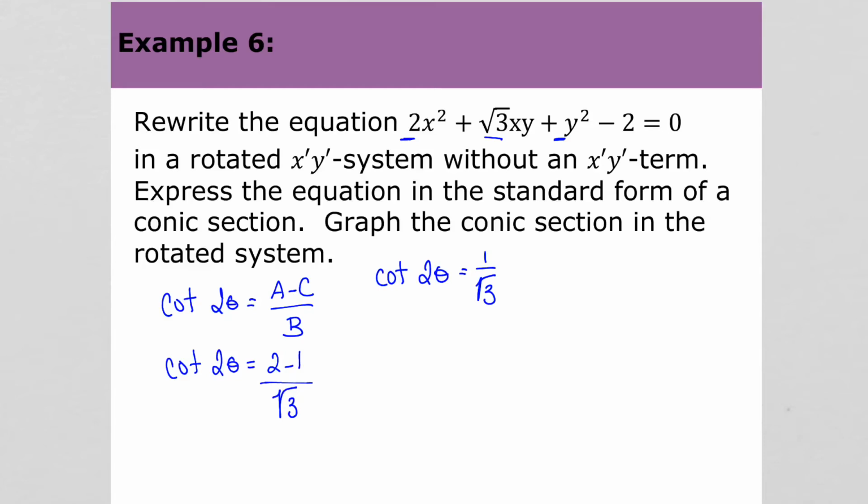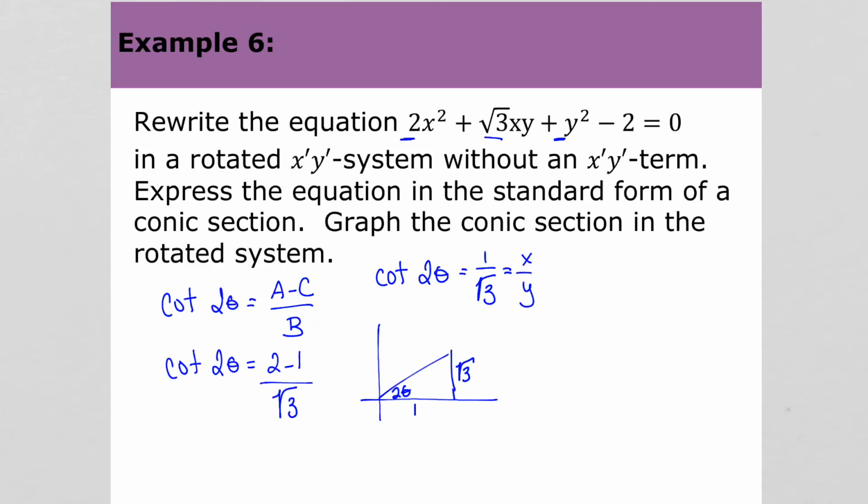My pen's not working. There we go. Okay. So if we draw a picture of this where our angle is 2 theta, cotangent is x over y there.